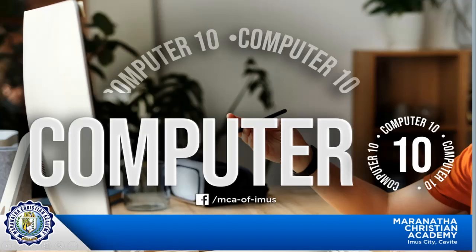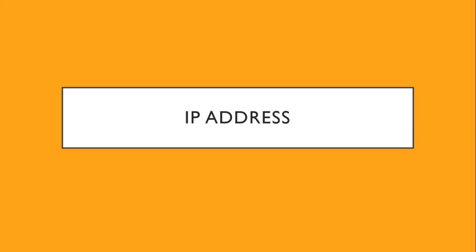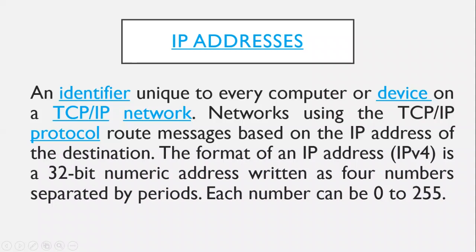So as we continue our discussion with basic computer networking, we will now proceed with an in-depth discussion of the IP address. So again, an IP address is a unique identifier.